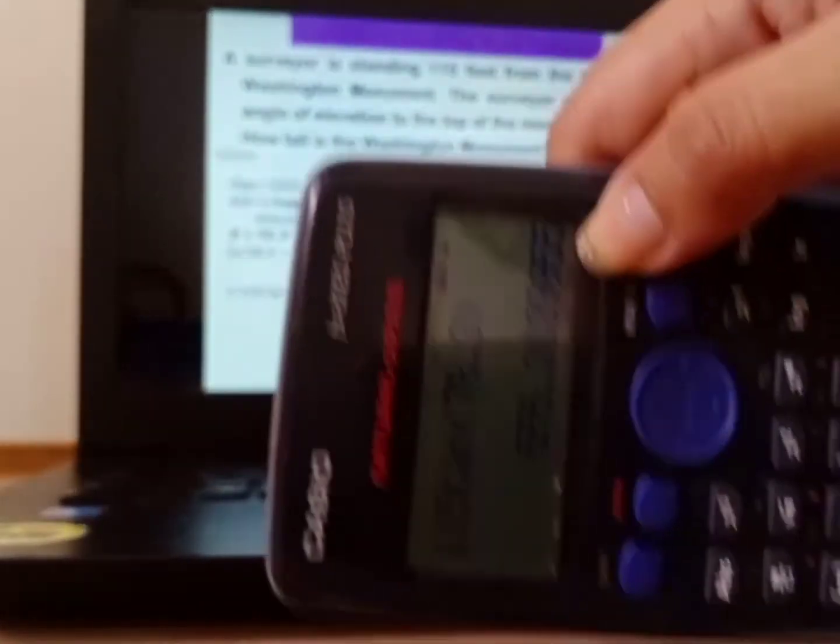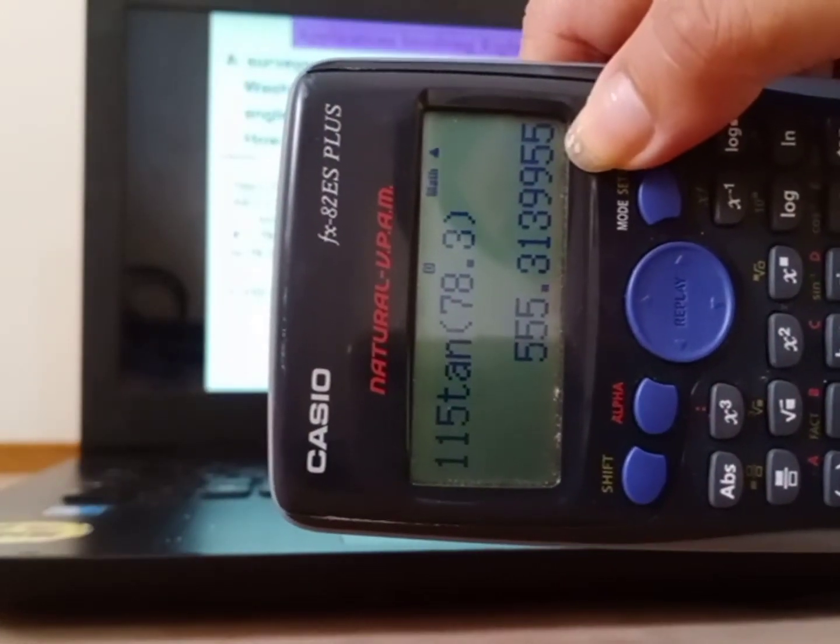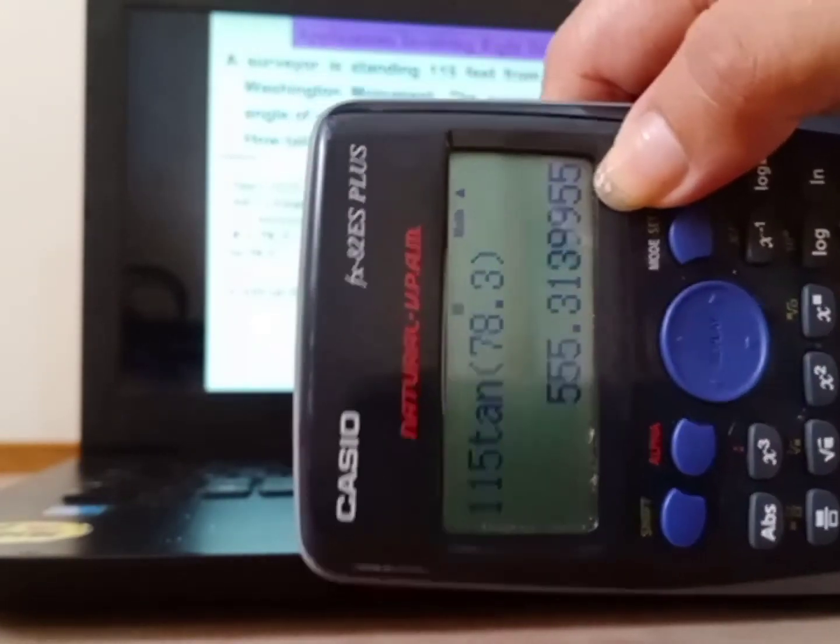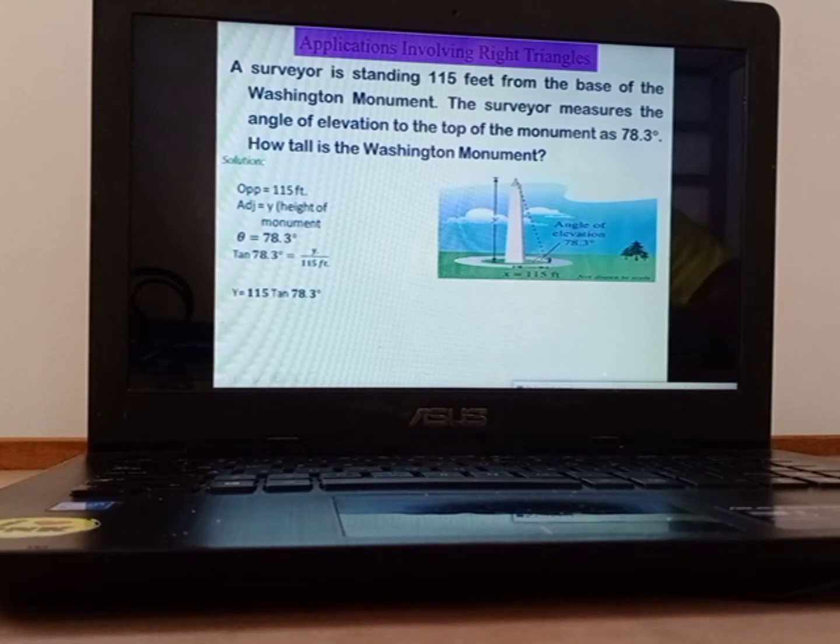Therefore, our answer is 555.3139, or y is equal to 555.31 feet. Therefore, the height of the Washington Monument is 555.31 feet.